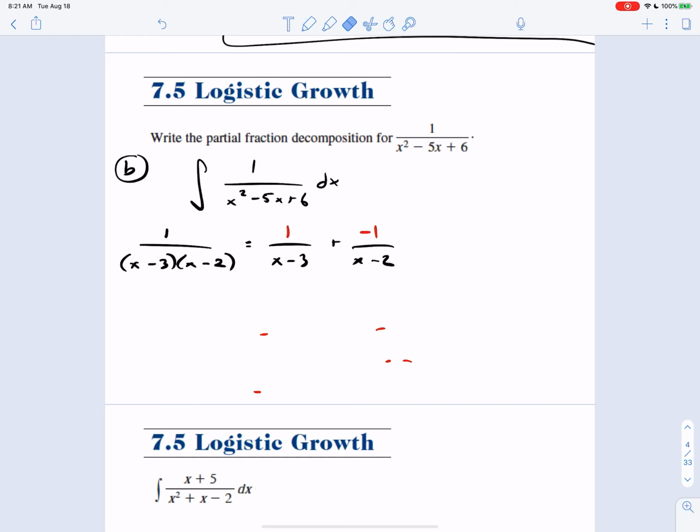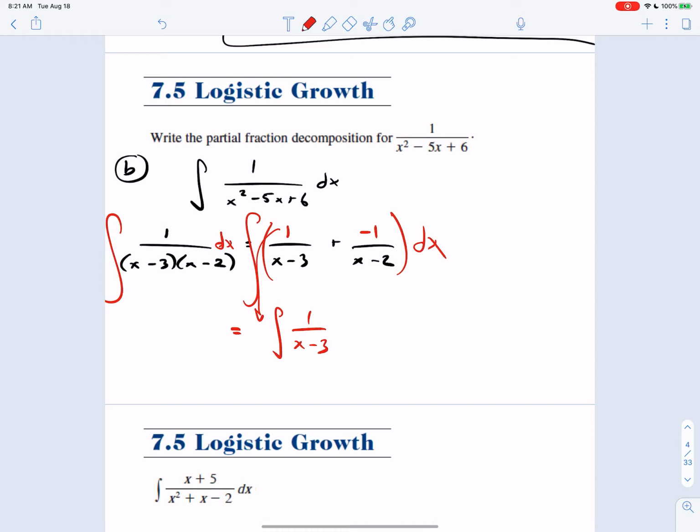Okay, so if I integrate that, that's the same thing as the integral of 1 over x minus 3. Now that 1 you could bring on the outside, but it's just a 1, so it doesn't do anything. Dx minus, and it's the minus because I just brought that out there, minus 1, you know, I'll put the 1s in there just so I don't confuse you guys, over x minus 2 dx.